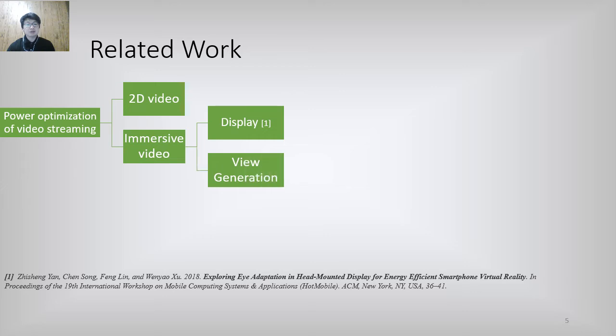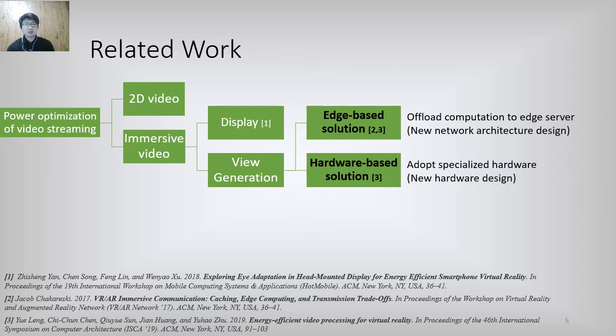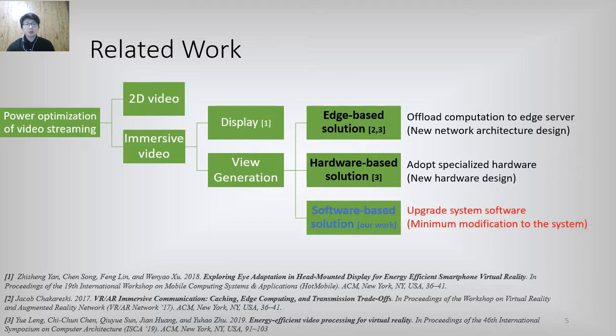As for the video generation component, one solution is to build an edge-based system which offloads the computation task to the edge server. The other solution is to build a hardware-based system which adopts something like FPGA to reduce the power consumption. In this paper, we want to solve the problem from the software aspect to bring minimum modification to the system.